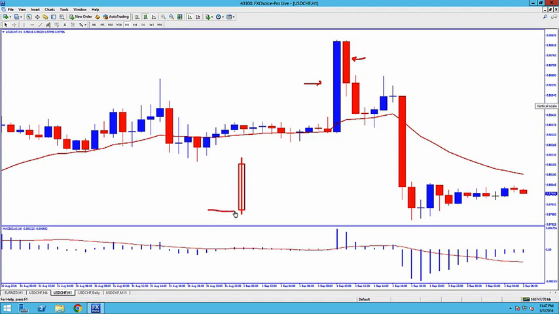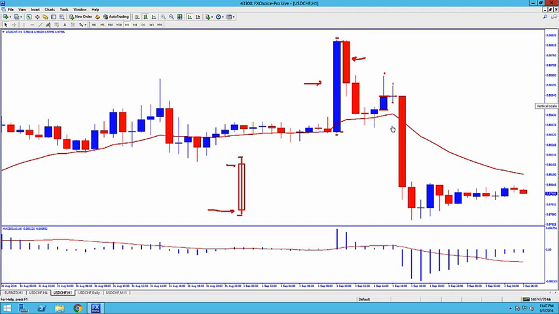Right here is the open, low, close, high, low, open, high, close. Open is the low, close, and that's the high of the bar. And this right here, open, open here, low, high, and close.